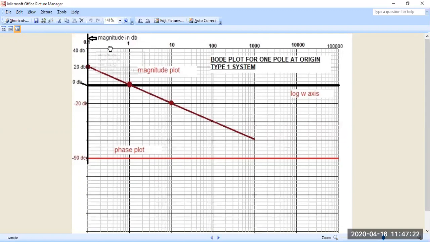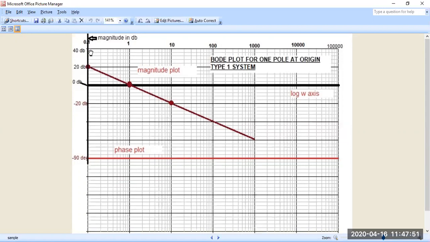So it will be a multiple of 10. 0.1 into 10 is 1. And this will be called a decade. 0.1 to 1 is called a decade. 1 to 10 is called 1 decade. 10 to 100 is again a decade. Now see here. Suppose I draw a line from 20 dB to 0 dB, and that line's magnitude changes from 20 dB to 0 dB in 1 decade.